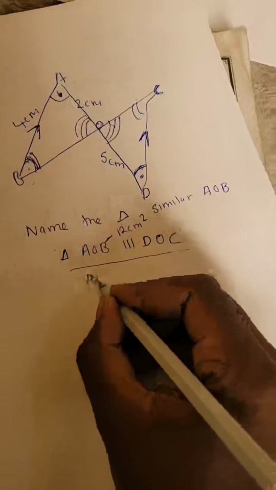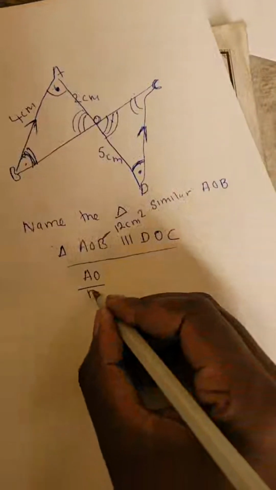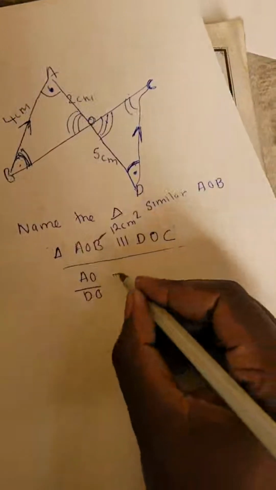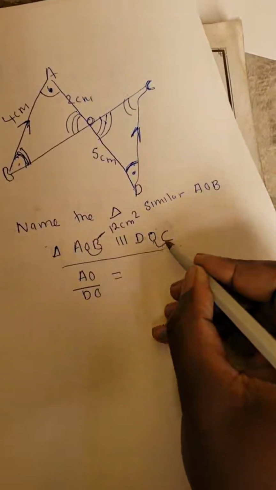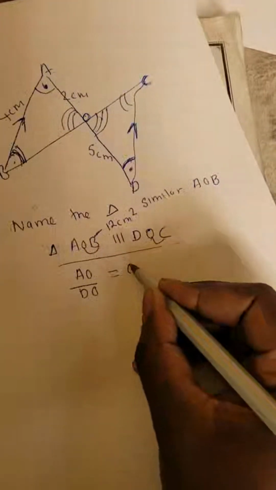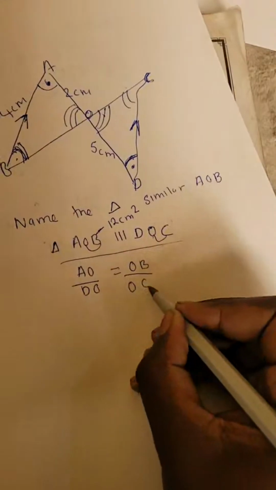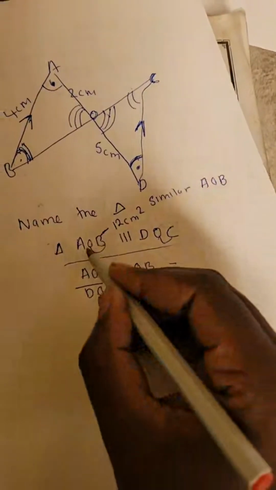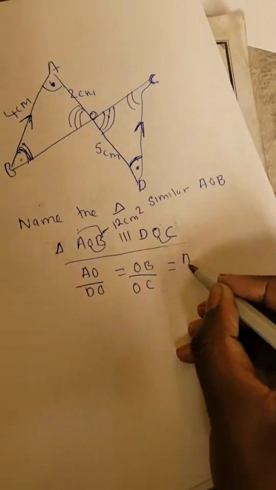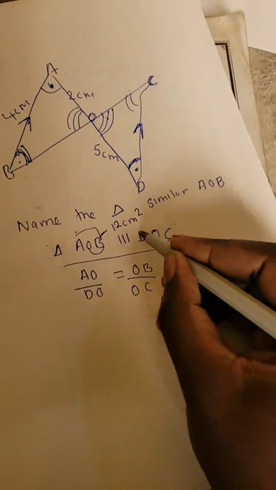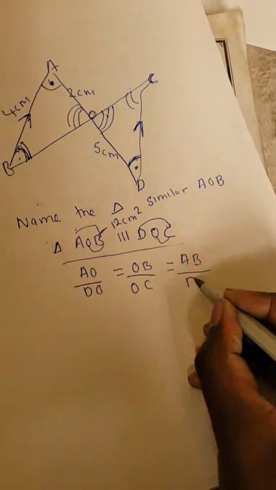We're going to say AO over DO is equal to OB over OC, which is equal to AB over DC.